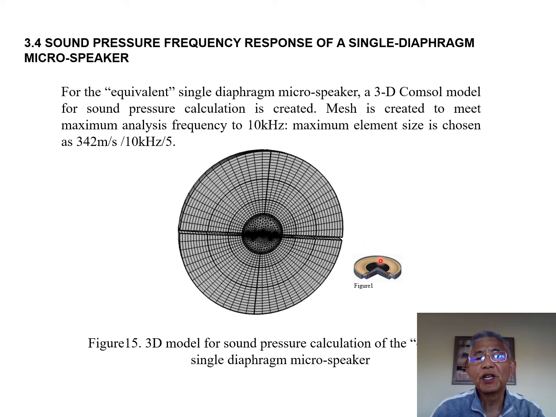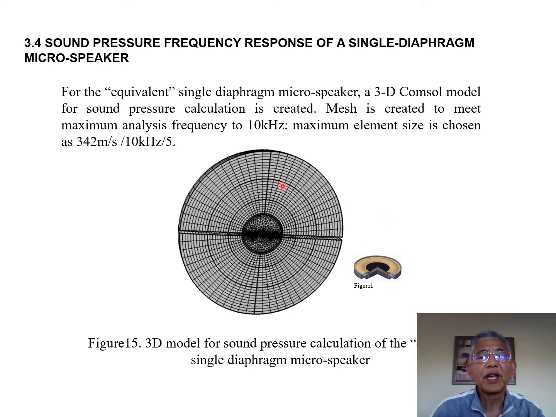The equivalent means the single diaphragm microspeaker has the same occupied volume as the multiple diaphragm microspeaker, and the same BL, same applied voltage, same size of the radiation surface.